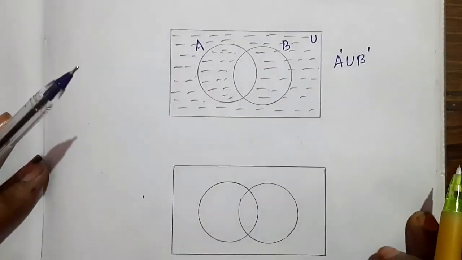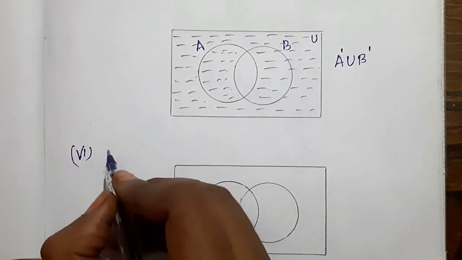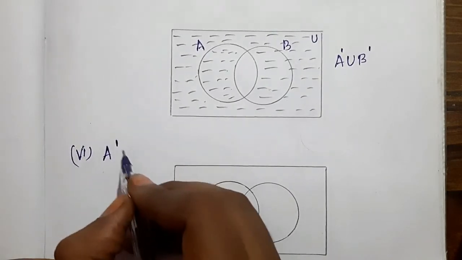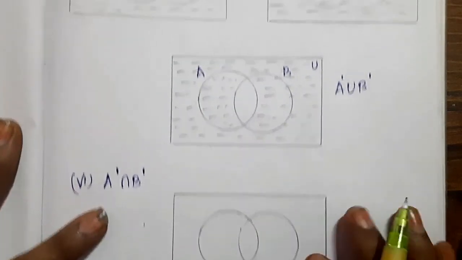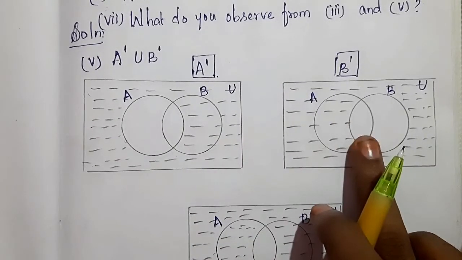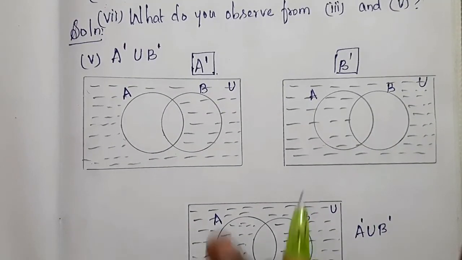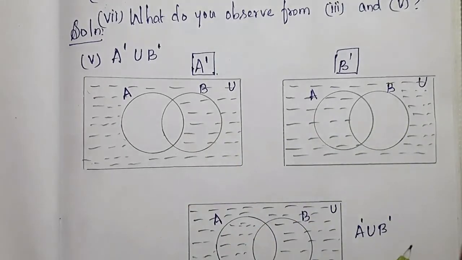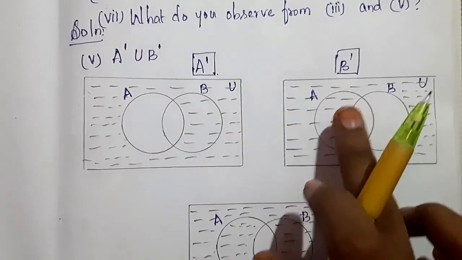Next question is the sixth part. What is A complement intersection B complement? So we have A complement and B complement. Next here we can find out the intersection. Intersection means common. See this, what things are common? Here A is not there, but here there is A. That's not common.